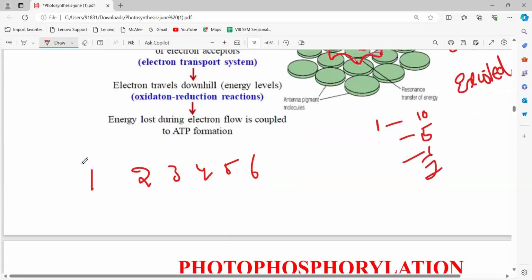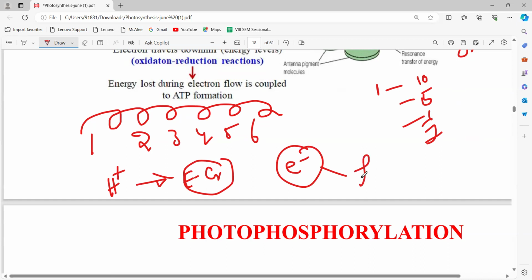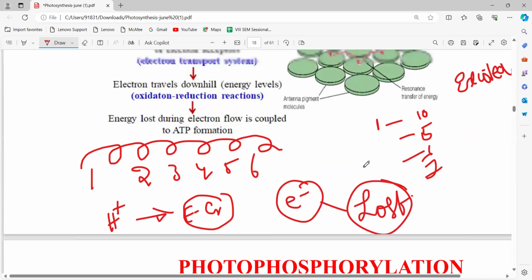So friends, understand. Whenever the electron is moving from one electron acceptor to another electron acceptor, what happens? Every student remember my words. Whenever an electron moves, energy will be generated all the time. Whenever an electron moves, energy will be lost actually, and someone will gain that energy.